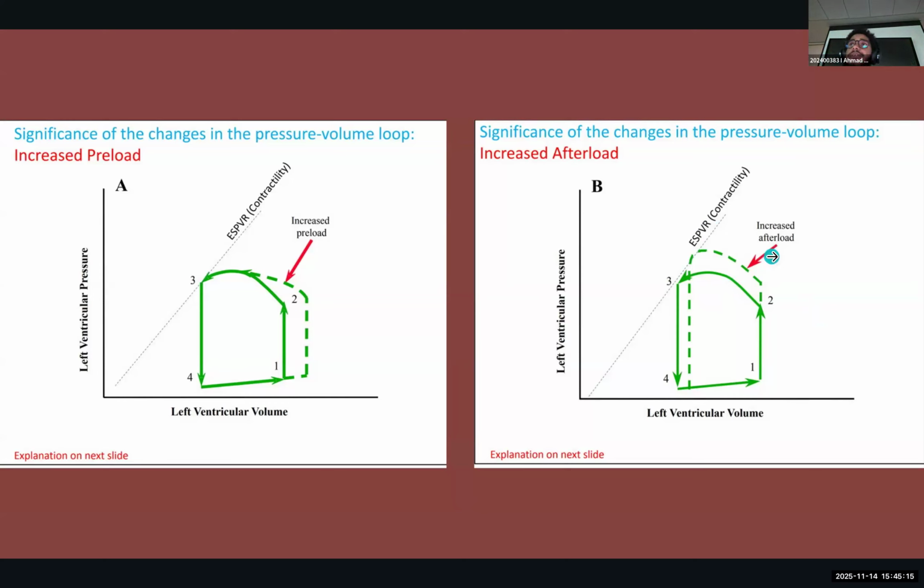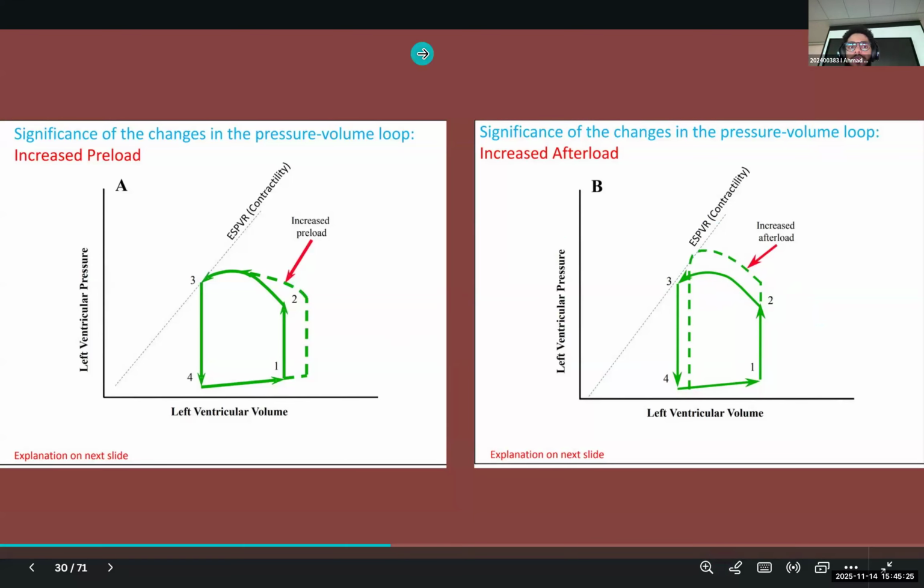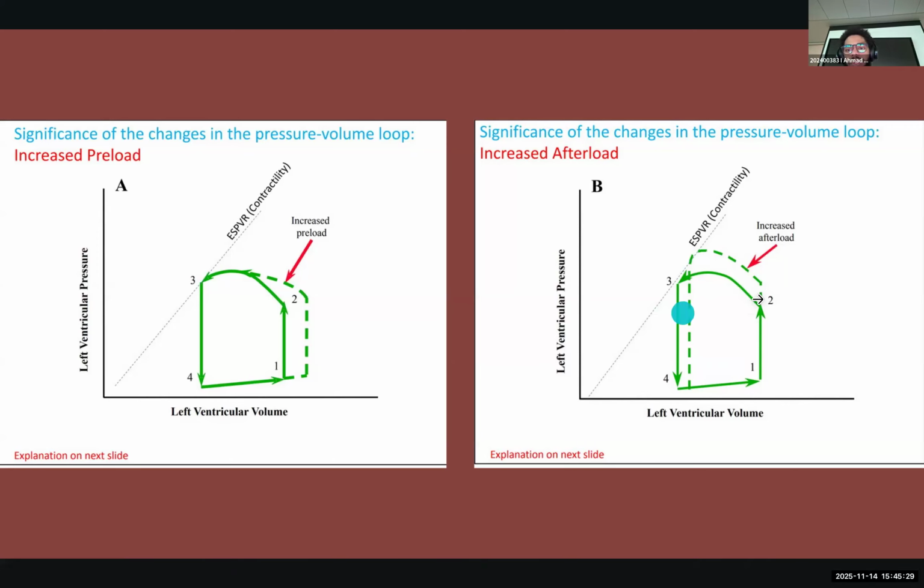So an important factor to keep in mind is that the afterload is a pressure while the preload is a volume. They could easily trick you with a simple MCQ: which of these is true about preload? One of the options would be that it represents a pressure value or a volume value, and the answer would be a volume value. Make sense?